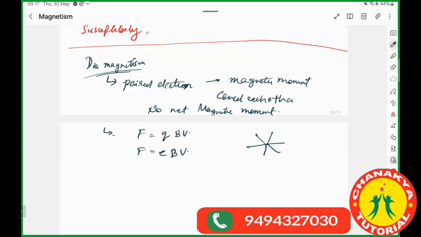Okay. So when a diamagnetic substance is placed in some external field, either they will experience some inward force or outward force, because of this angular velocity. Due to that there is a change in angular velocity.